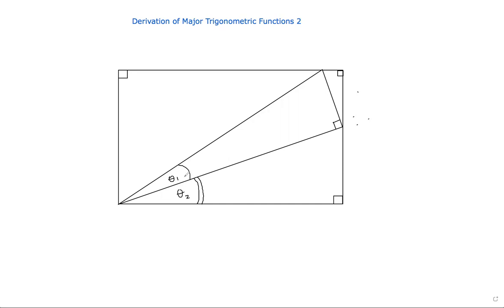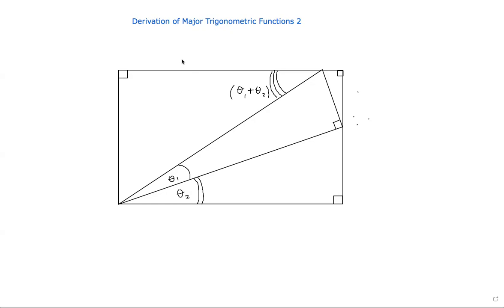Now, if we add these 2 angles, we know that this angle here has to be equal to the sum of theta 1 and theta 2, because they're opposite interior angles. Okay, so now we're set up. Now, using our sine and cosine functions, we know that this side of this inverted right triangle is equal to what?